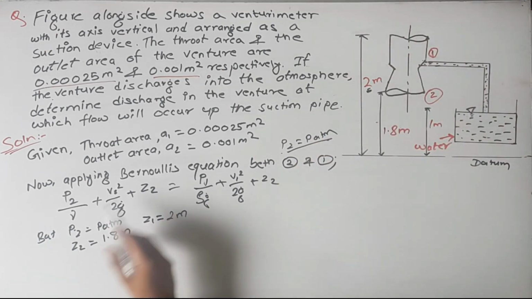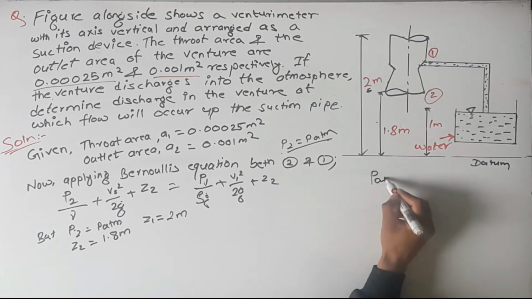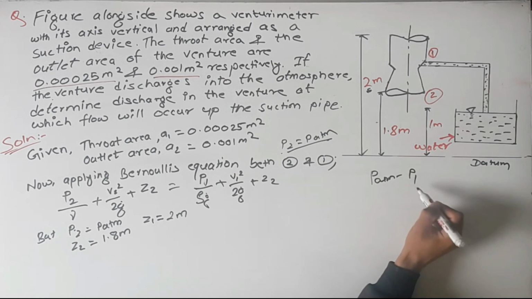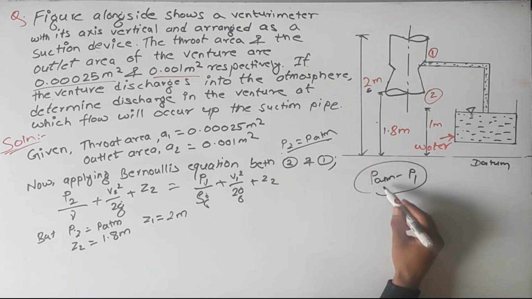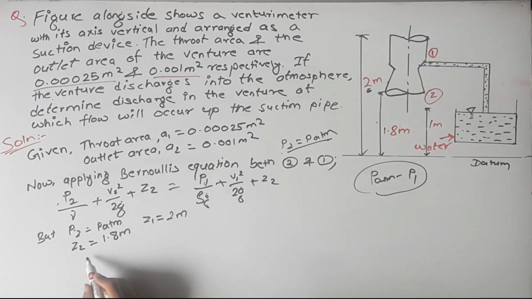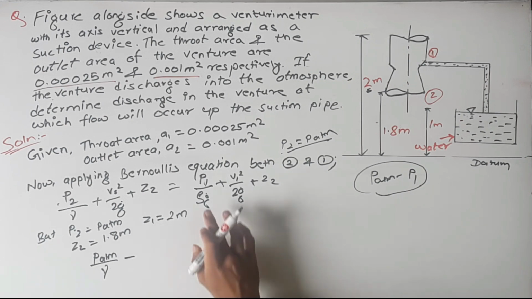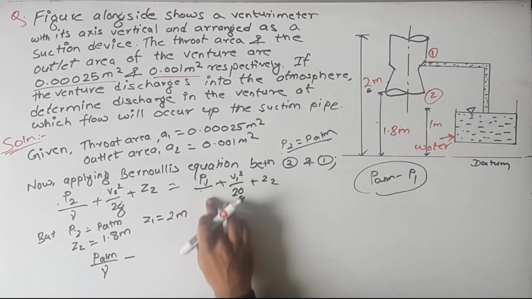In the question, this suction is given here, but actually this can be anywhere. This is the whole throat. Now, our intention is to find PATM minus P1. How can you find this? Here in place of P2, we can write PATM upon gamma, and in place of rho g, we can write gamma.